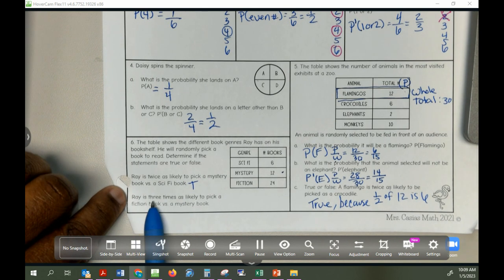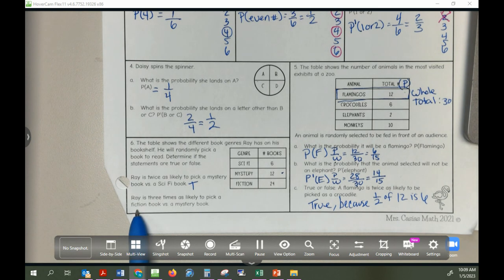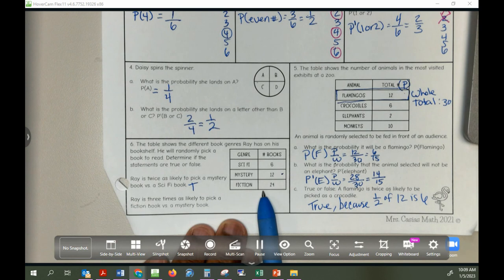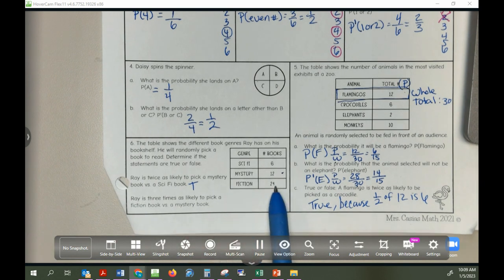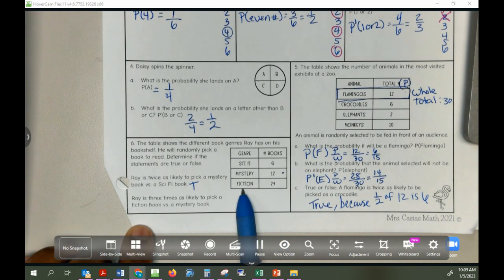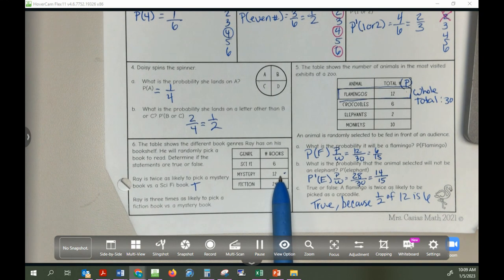Alexis got this one. Ray is 3 times as likely to pick a fiction book versus a mystery. So is he 3 times as likely to pick fiction over mystery? Again, this is Alexis' question. So you're saying that fiction is 3 times mystery? How many times is it?